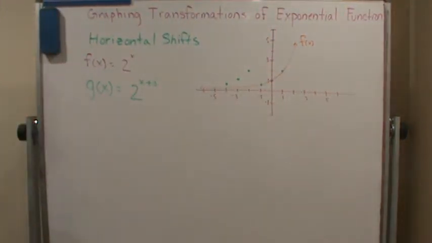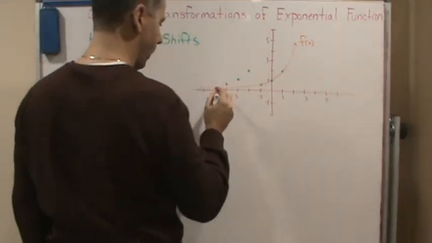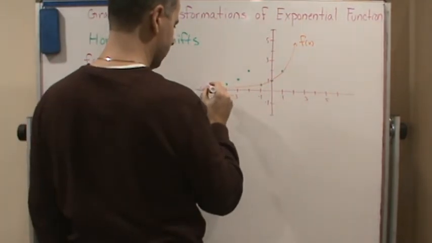Now, since we're moving left and right, for horizontal shifts, it's not going to affect the horizontal asymptote. The horizontal asymptote is not moving. So now the graph is going to look like this.